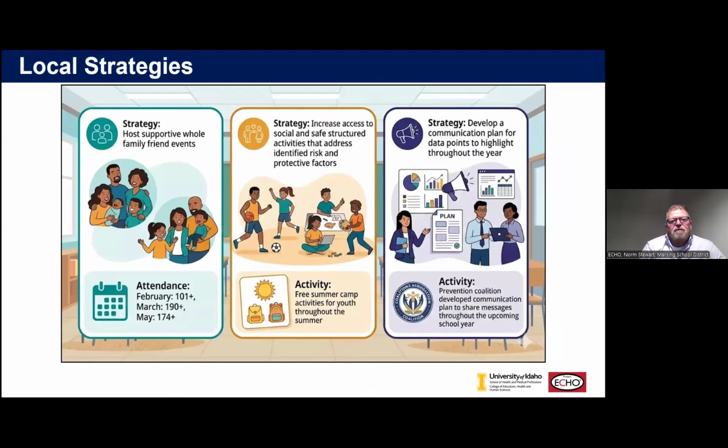So as we went through and used that data in some of our most recent goals, we were really trying to define the strategies in order to address those needs identified in that data. We started off with developing family engagement nights. So looking at how can we continue to not only bring attention through the district, but also incorporate the community.